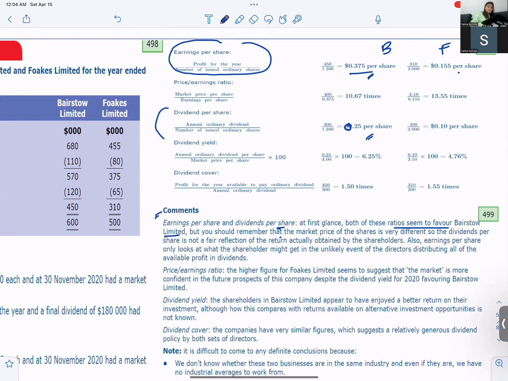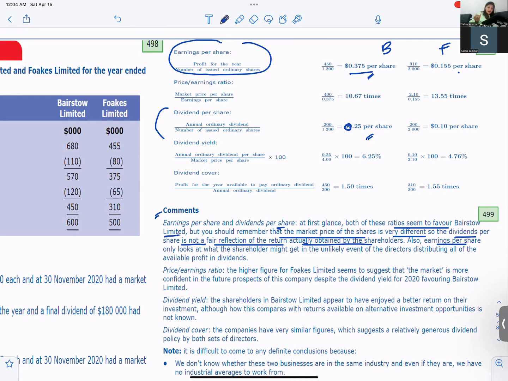But you should remember that the market price of the share is very different. Okay, so the dividend per share is not a fair reflection of the return that the shareholders are actually getting. So for this, you need to see the earning per share only.